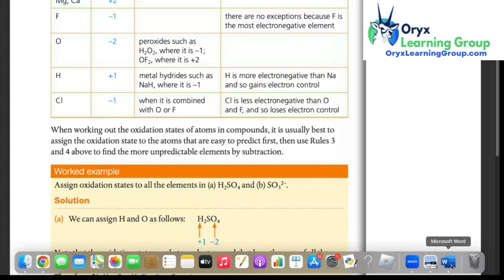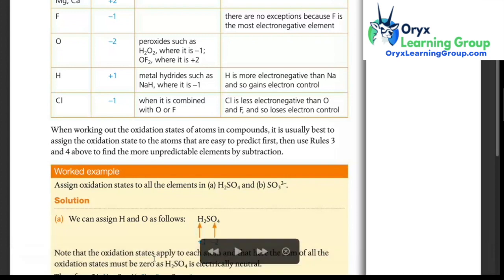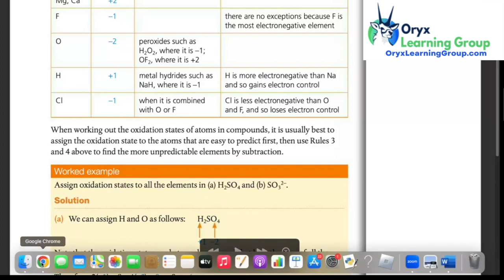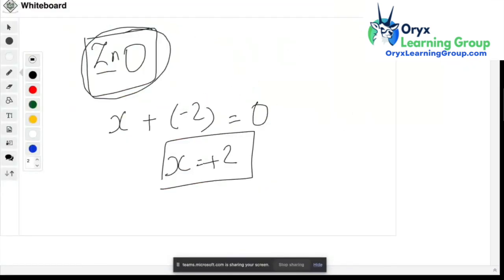Done? Let me know once you're done. Okay, what did you get? For sulfur I got +6, and for oxygen I got -2.